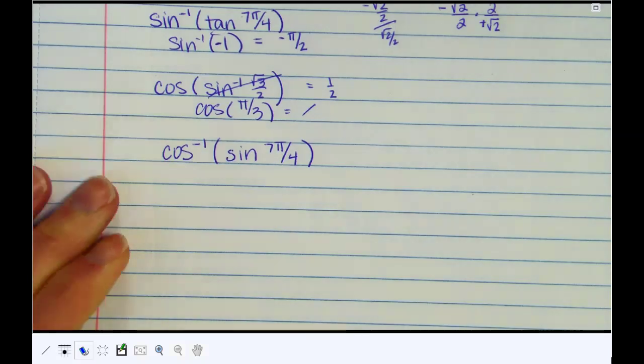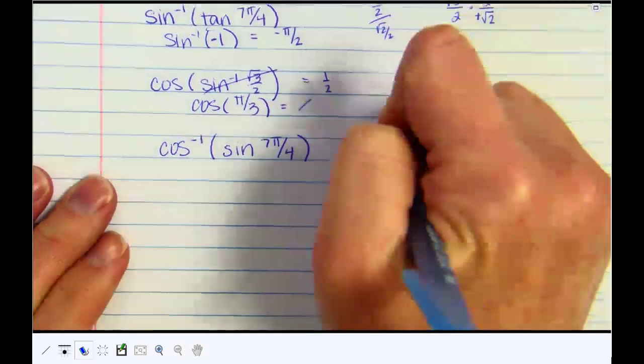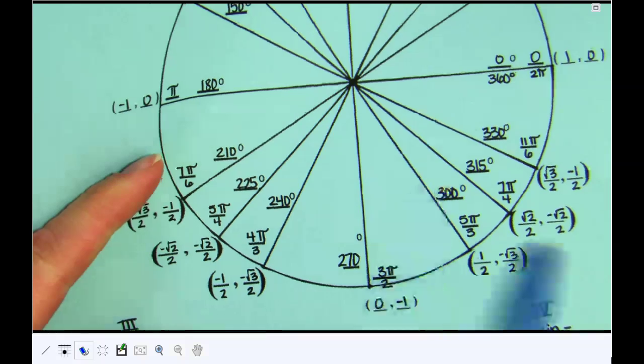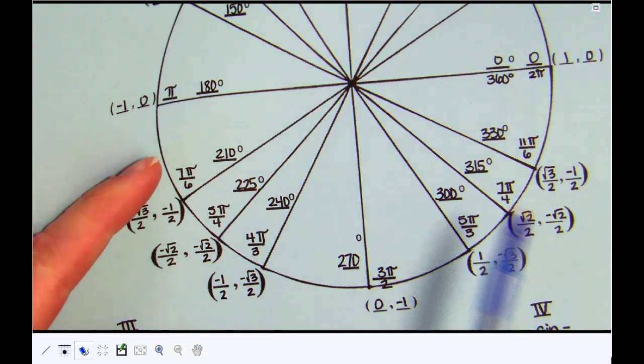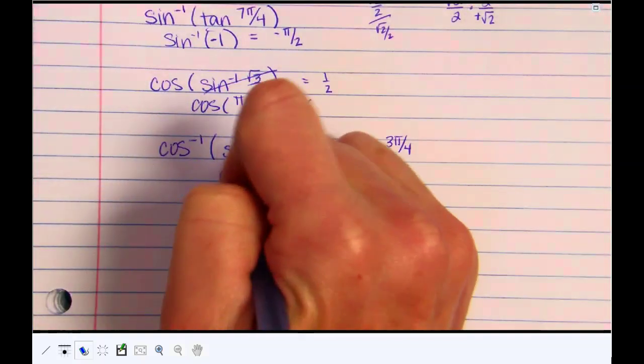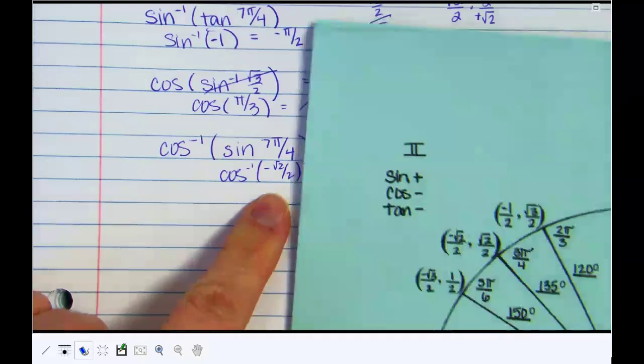Okay, what do you think it is? I believe that's 3 pi over 4. Okay, so sine of 7 pi over 4, that's just normal. If you have the angle, you're looking at the coordinate point. So it's negative square root of 2 over 2. And so then if you have the coordinate point, your answer is the angle.